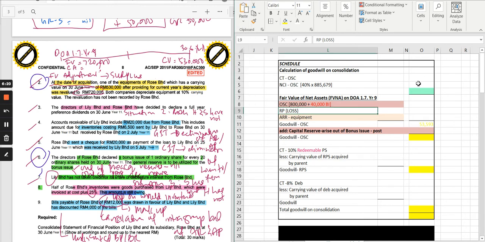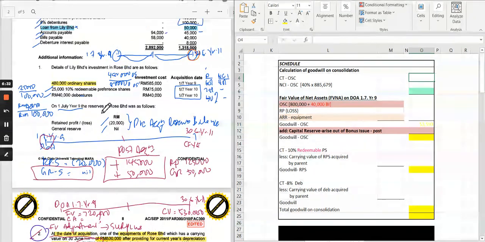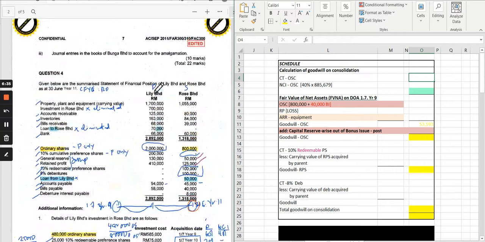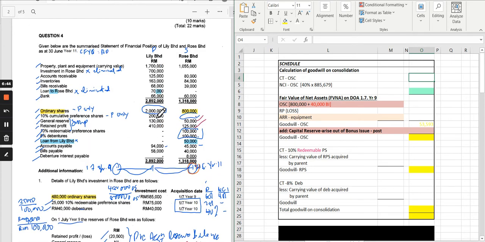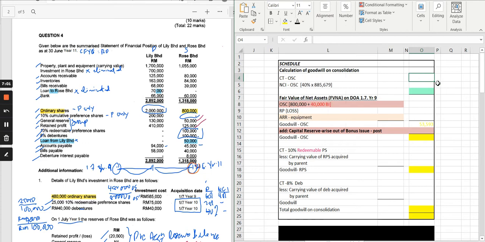So I will just find out the amount for the consideration that I have transferred to acquire the ordinary shares. If you look at the information given here, the investment total for the acquisition in the subsidiary company was 700,000, but the breakdown of it is given at the bottom here. For the ordinary shares, you will have the amount to be transferred.